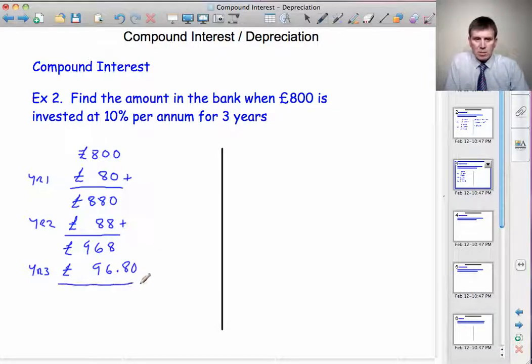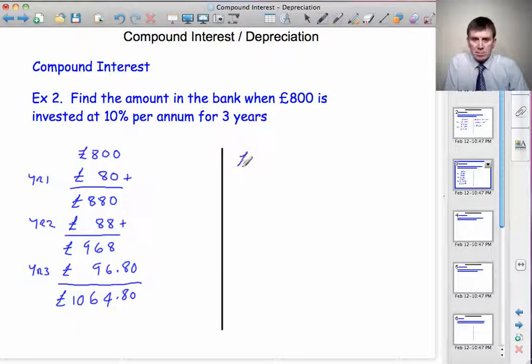So we add that to what's already there. 8 and 6 is 14, carry the 1, 9 and 1's 10 and 6 is 16, carry the 1, 9 and 1's 10. £1,064.80. And that's about as complicated as it would get on the non-calculator paper.